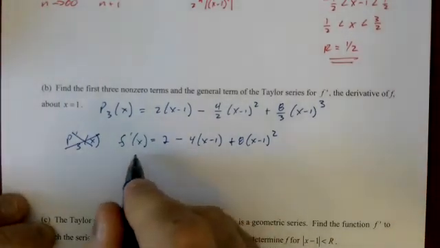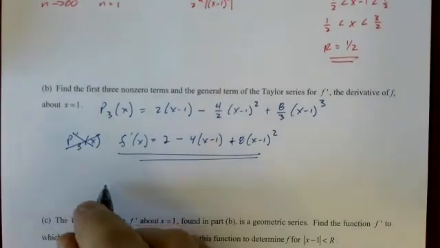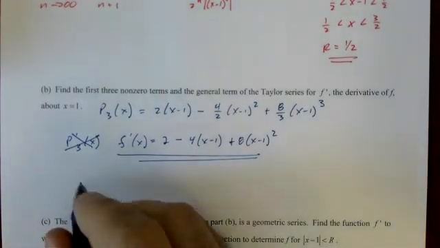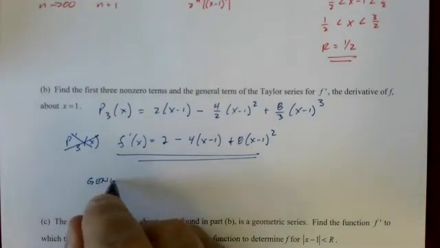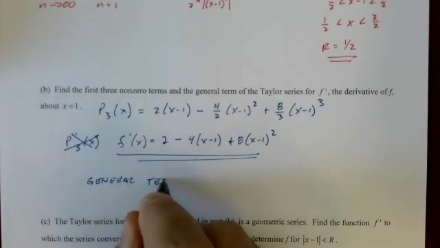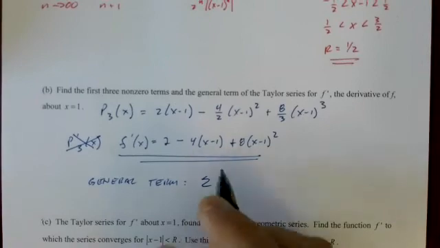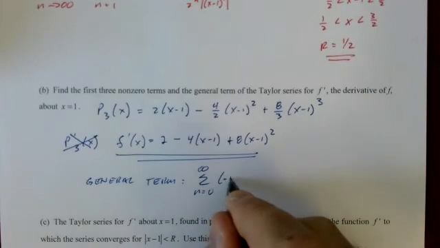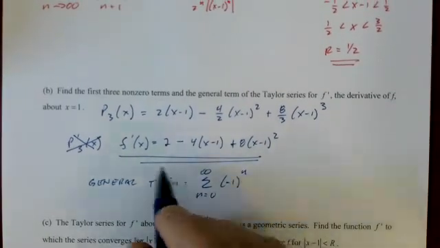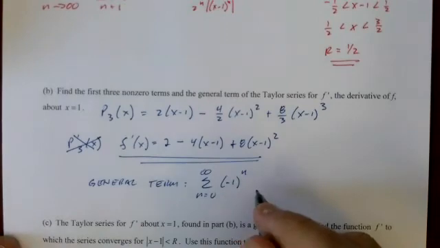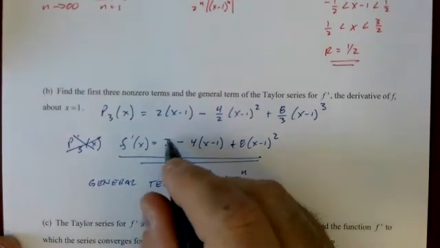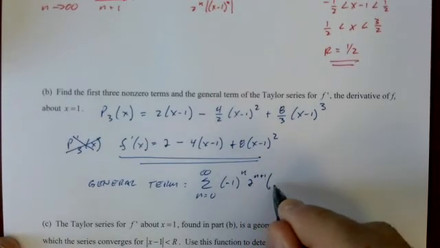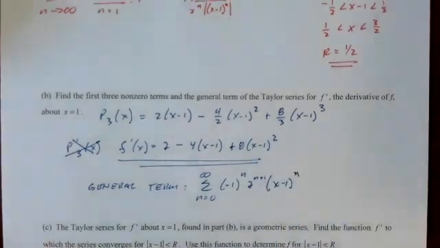Oh, need the general term. So here we go, that's part of it. And then, that's right. General term. Sum n equals 0 to infinity, -1 to the n, positive, negative, yep. 2 to the first, 2 to the second, 2 to the n plus 1, x minus 1 to the n.